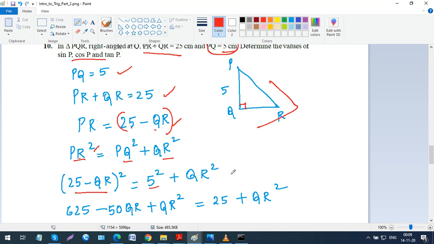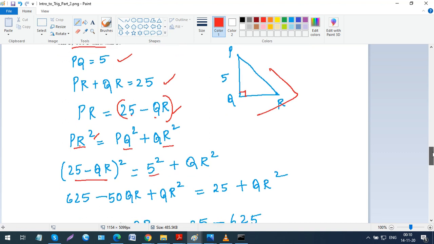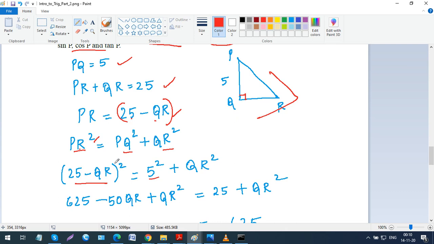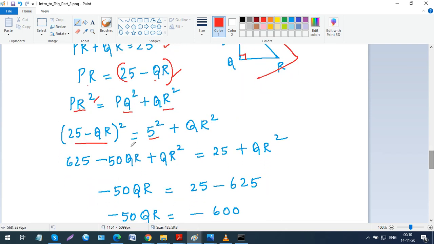Now you see this whole equation has turned into an equation in terms of just QR. Earlier it had PR and QR both, but now since I have taken PR to be 25 minus QR, the PR goes off and everything is in QR. So I just have to solve this. This is the A minus B whole square formula: A square minus 2AB plus B square.